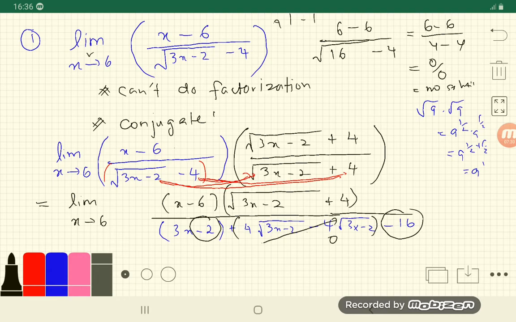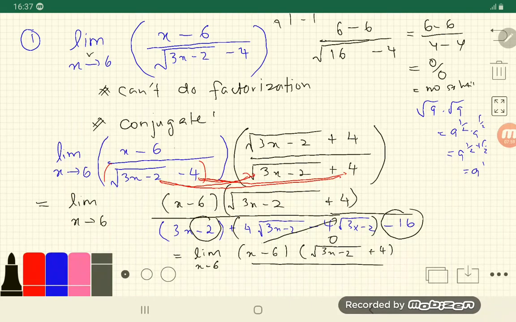Alright, so here let us continue our calculation, where you are supposed to get the limit of x approaching 6 of x minus 6 multiplied with all the square root that we have there, the square root of 3x minus 2 plus 4, divided by 3x minus 18.